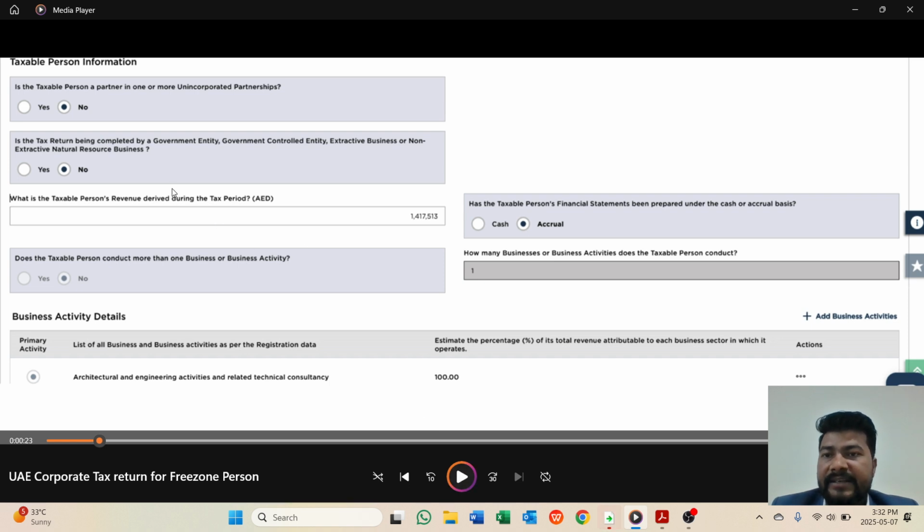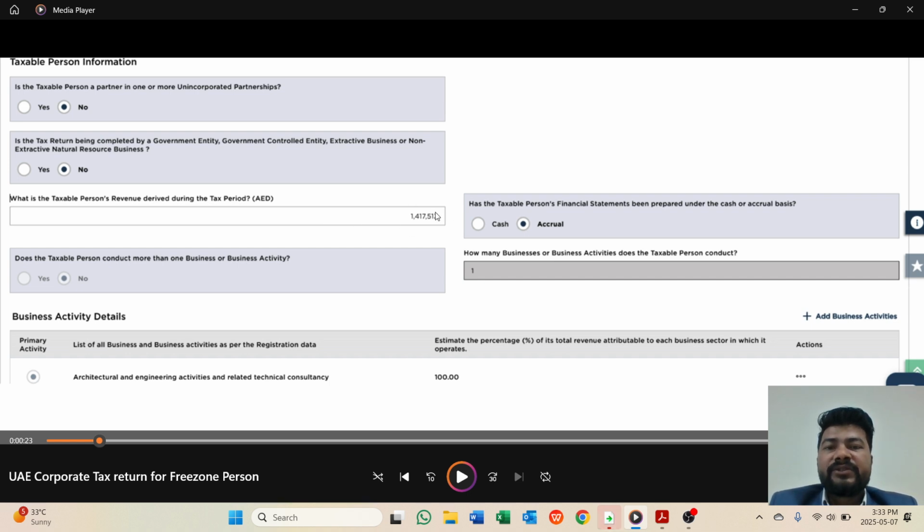When you say yes, you will be asked whether it is an incorporated partnership or not, and whether it is a government related entity or not. If applicable, you can put yes, otherwise no, and move forward. Now you will be asked for your total revenue.